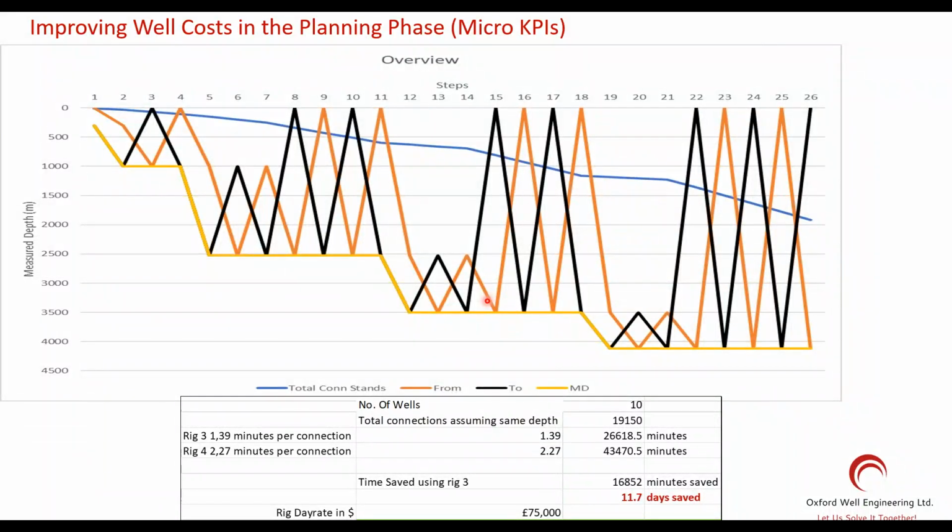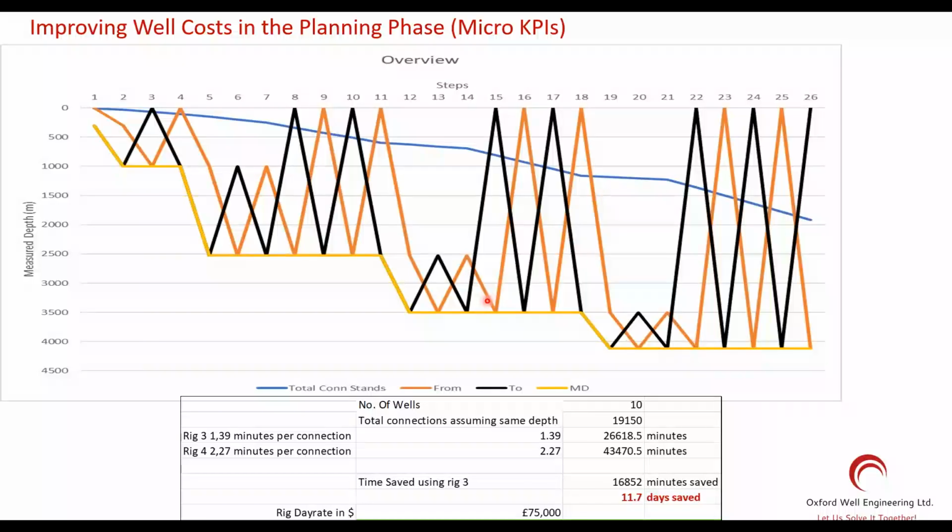There are other KPIs, running speeds, tripping speeds, casing stuff, making up casing connections and things like that. This is just one KPI, one rig. If you make a mistake, you will pay around $1 million for one rig, but there could be other KPIs. They could be counter-effective, like maybe some of the rig KPIs are good in one and bad in others. So you have to do your homework.